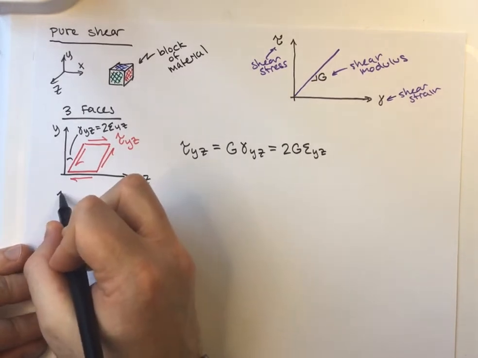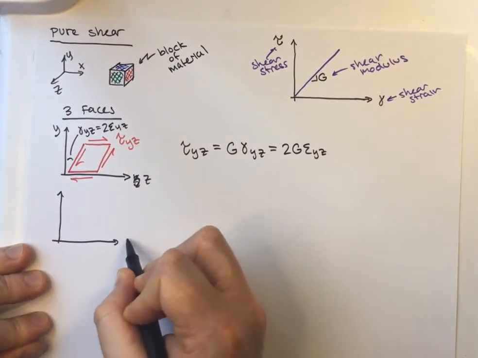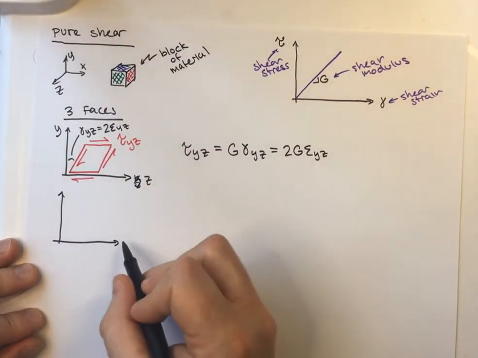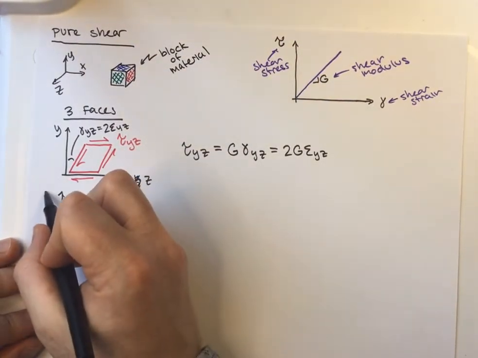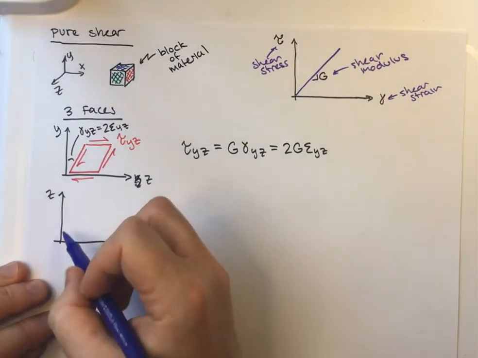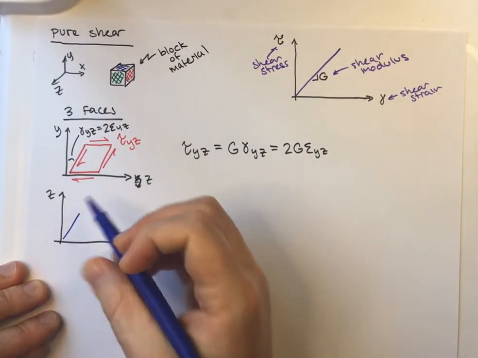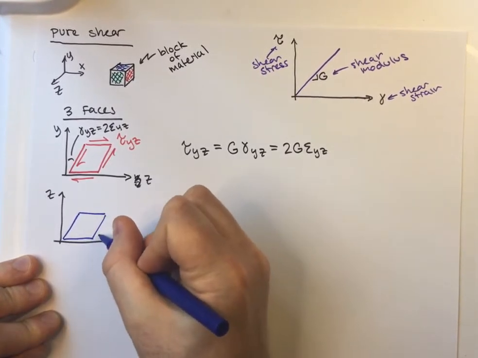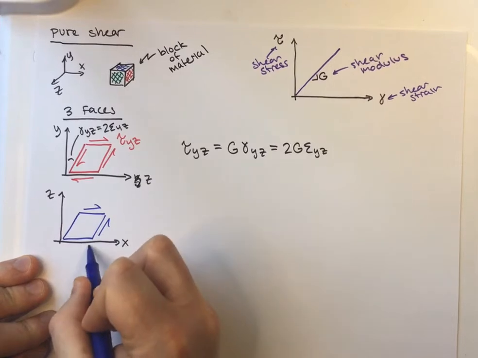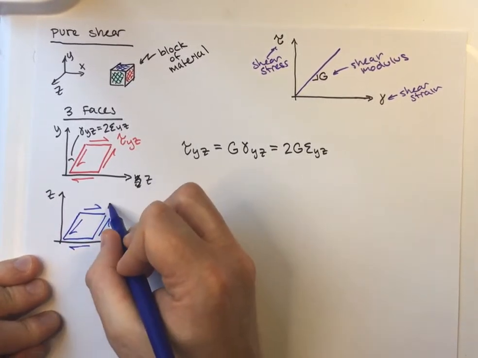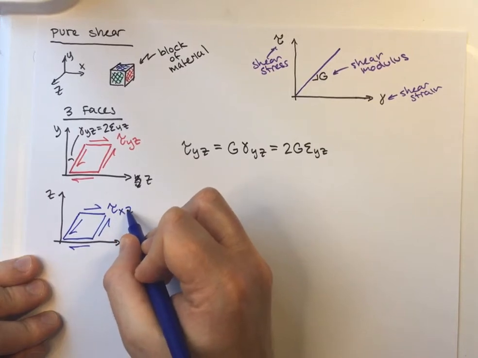We can do the same thing on the blue face. When we think about the blue face, now we're looking down, so that's going to have X and Z. And we can have our square again here. We'll have some shear stress, and that was going to be our shear stress XZ.